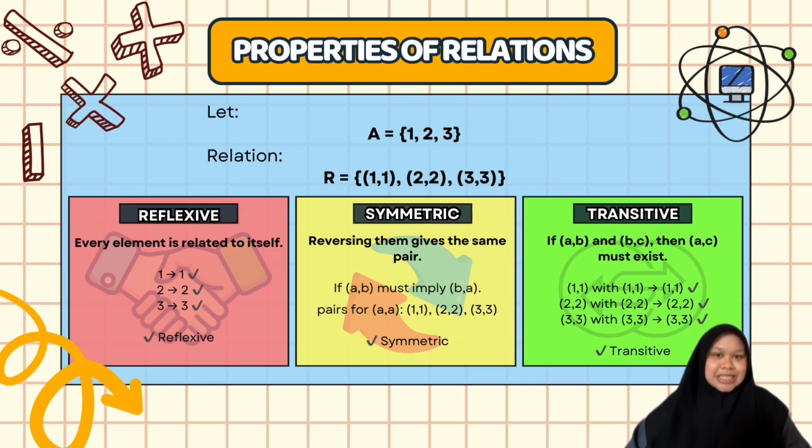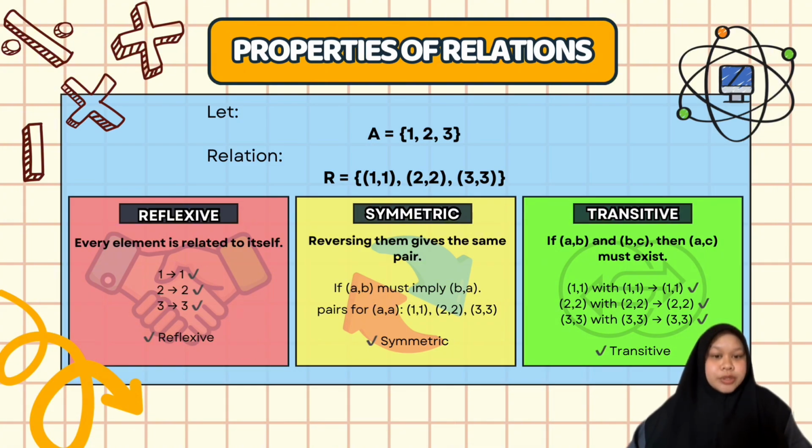Now let's discuss the three important properties of relations. The first property is reflexive. A relation is reflexive if every element is related to itself. In this example, the ordered pairs (1, 1), (2, 2) and (3, 3) are all present, so the relation is reflexive. The second property is symmetric. A relation is symmetric if whenever (a, b) exists, then (b, a) must also exist.